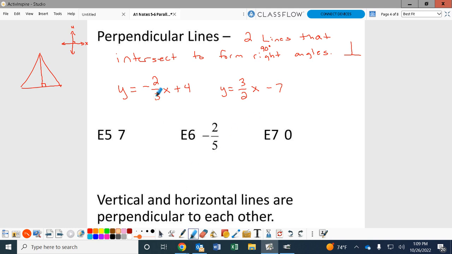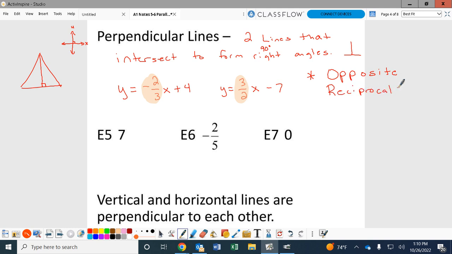So looking at these two slopes, can you tell me what happens between them? They flip. And they change signs. One's positive, one's negative. Which means, in order for lines to be perpendicular, they must have what's called opposites. That means if one's positive, the other's got to be negative. If one's negative, the other's got to be positive. They are also reciprocals.